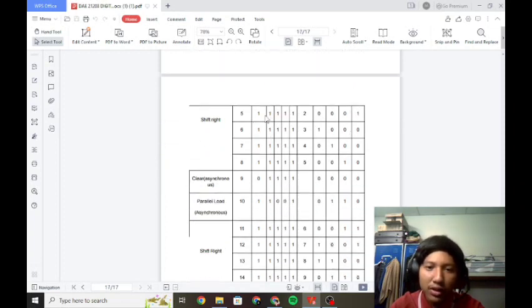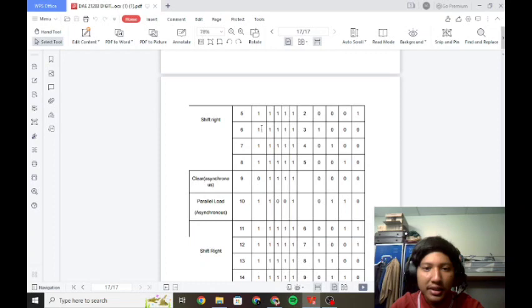At line 5, clear at 1, input A at 1, B at 1, C at 1, D at 1. Clock pulse will be turned to clock pulse 2. Then we will have output A will be 0, output B 0, output C 0 and output D will be 1.